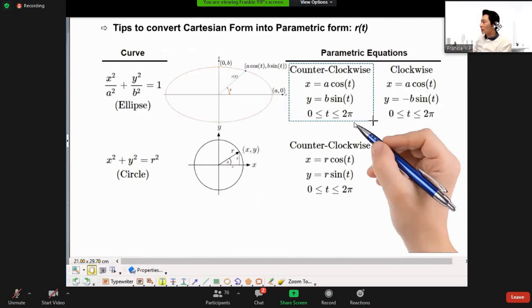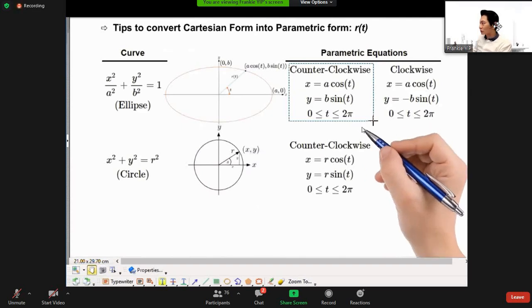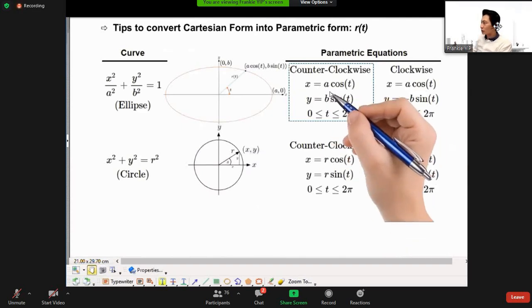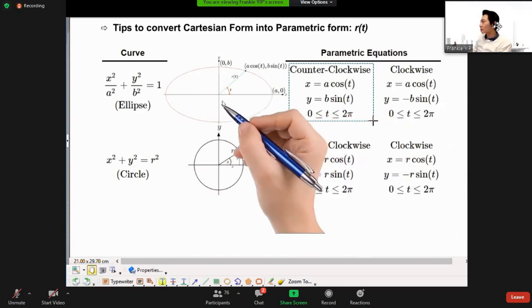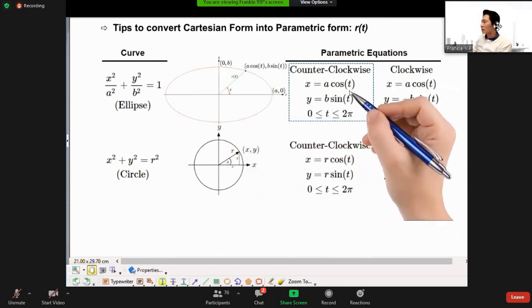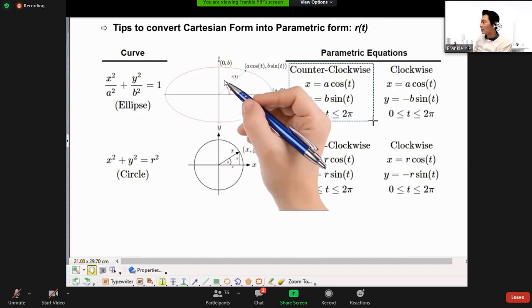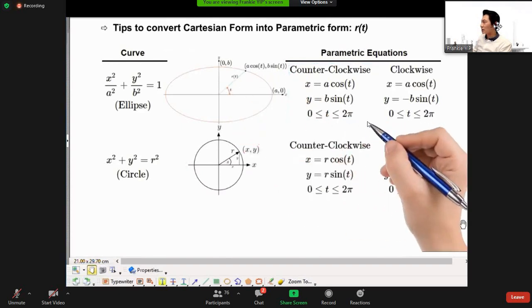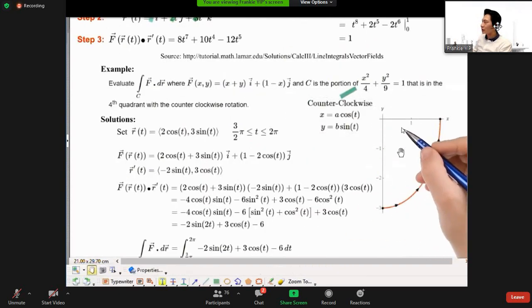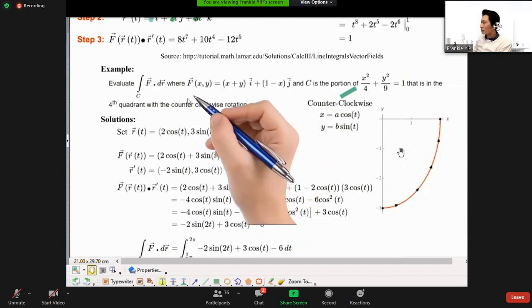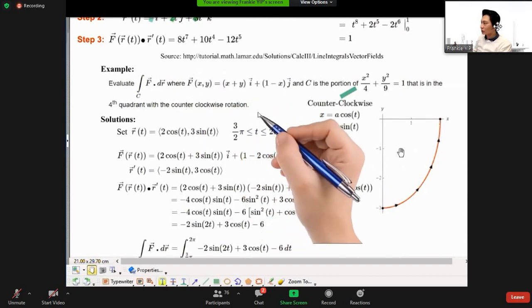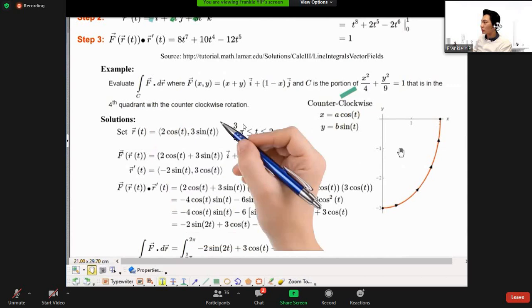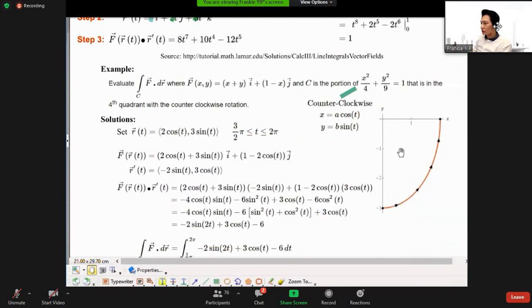If we have clockwise direction of flow, x equals a, that means this horizontal length, cosine t, and y equals b sine t. I copy it here because they are asking about the clockwise rotation. And in which quadrant? You can see that this one is in the 4th quadrant. Can you see that?